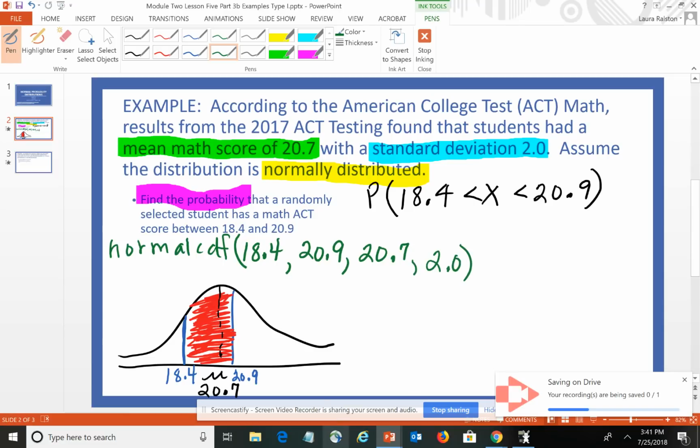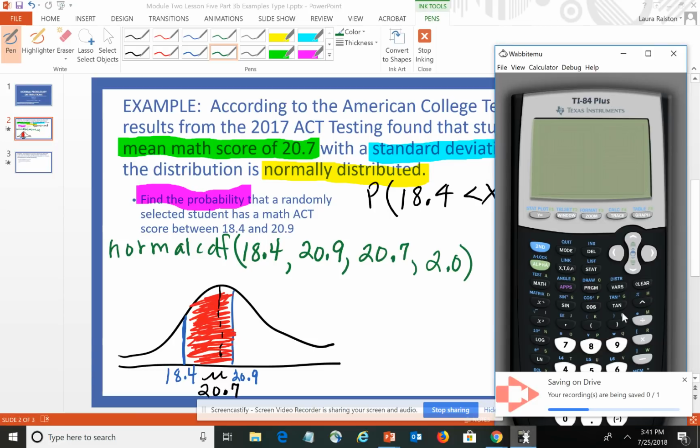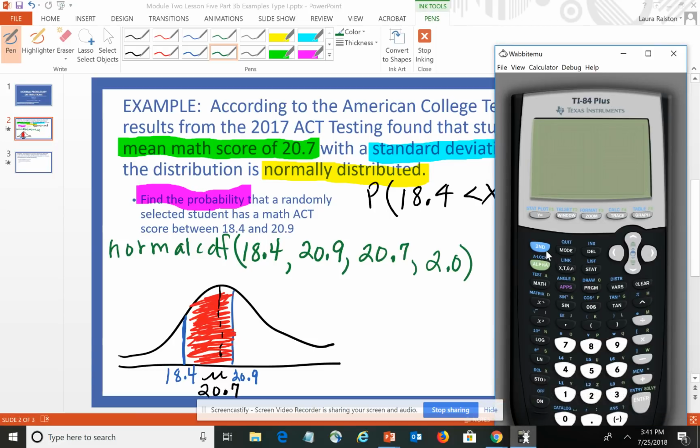Okay, I'm going to pull my calculator up and walk you through the keystrokes. To get your command, it's second vars, which is next to the clear button. That pulls up your distribution menu. We're using option number 2.